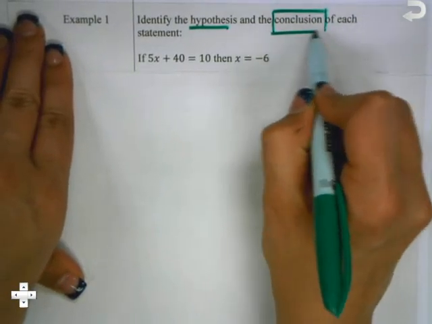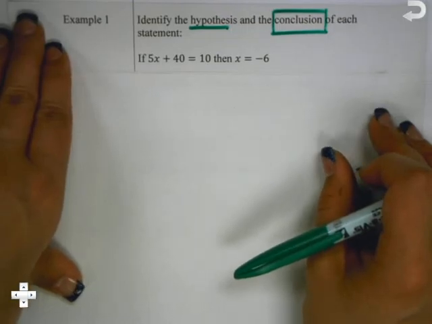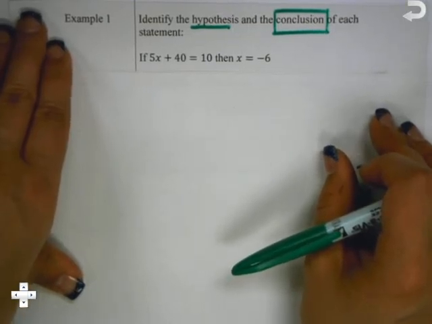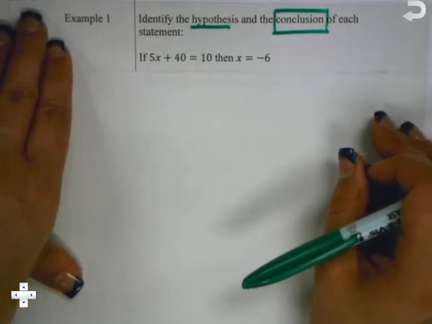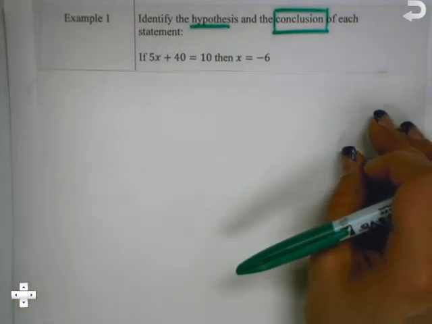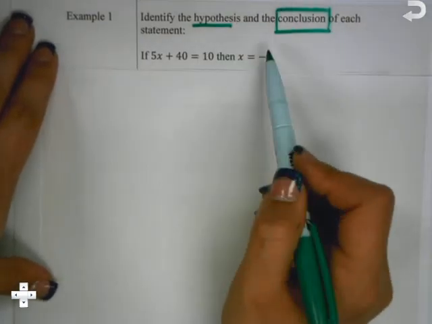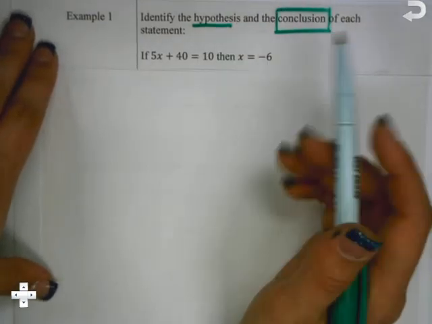That's just me. Because what's really going to happen is you are going to be asked on a test to identify the hypothesis, and you'll just have to circle it.